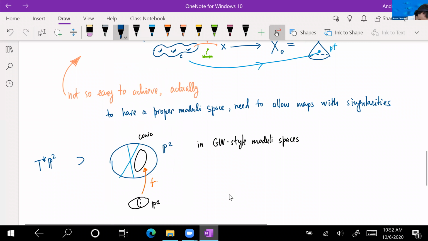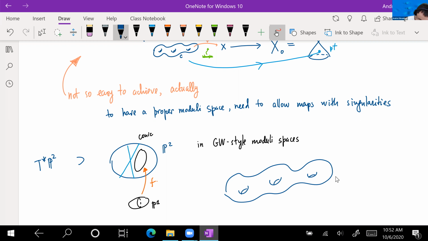But even if the source is fixed, you might have to grow all this kind of bubbles. You can consider things like that. So you get a kind of cocktail like that, right?